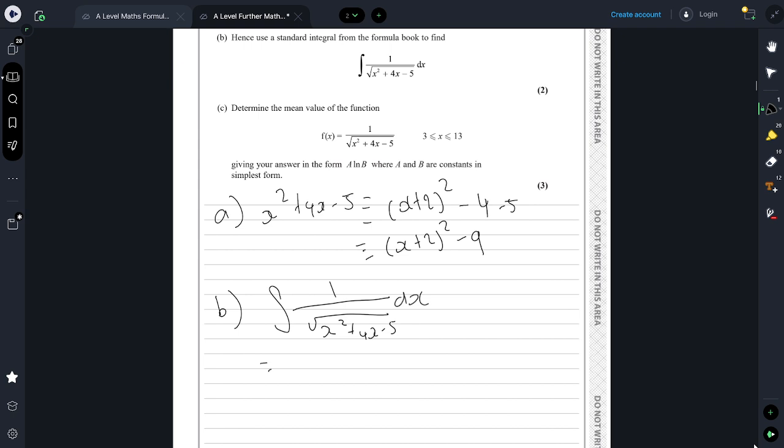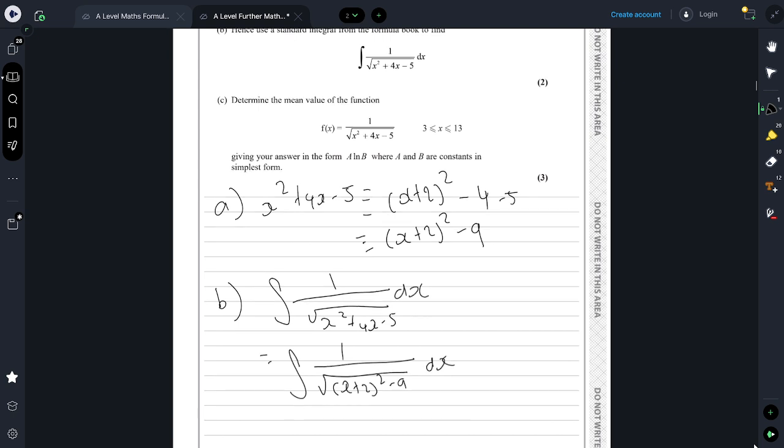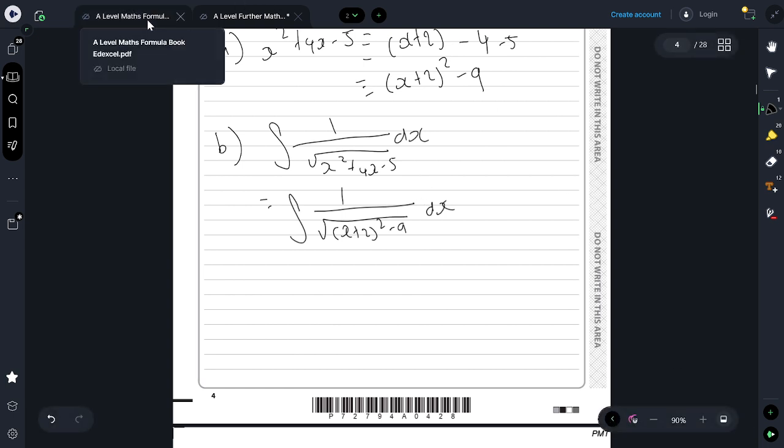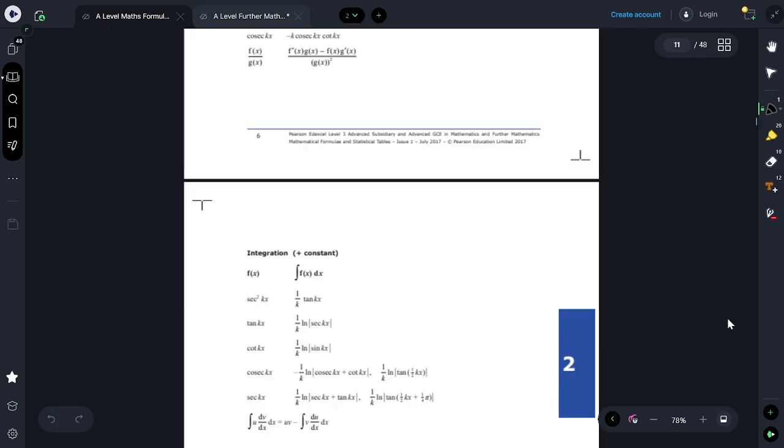Actually, if I'm honest, they're really nice here, asking you to complete the square first, rather than implicitly expecting you to do so. Anyway, let's substitute that in. So that's the integral of root of ((x plus 2) squared minus 9) dx. There's nothing more we can do at the moment, perhaps. Let's look at the formula book for integrals that look like this. It's probably going to be in the further maths section.